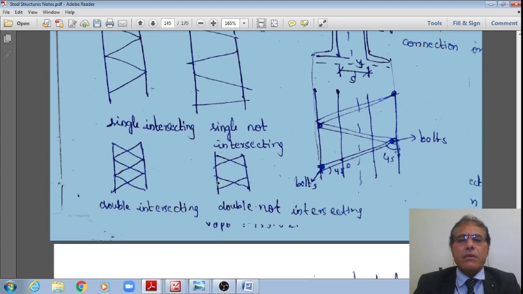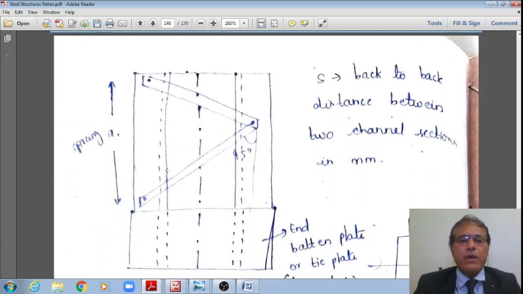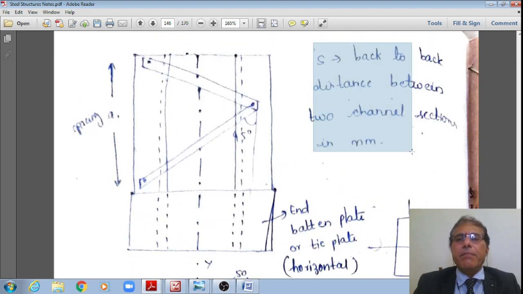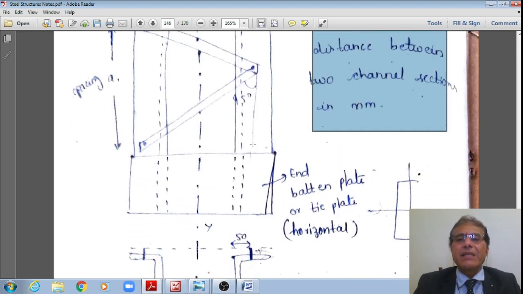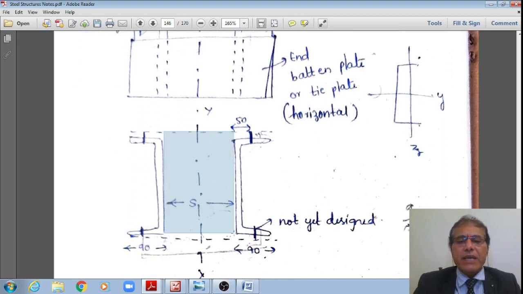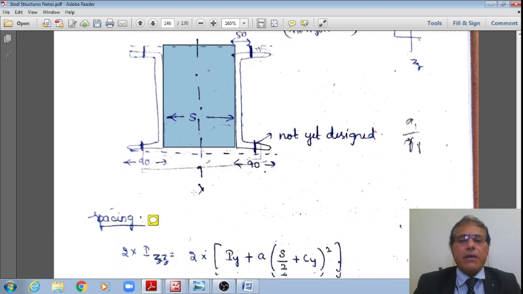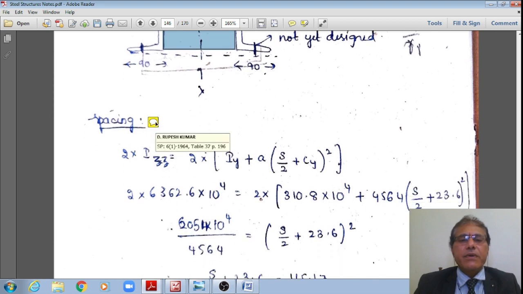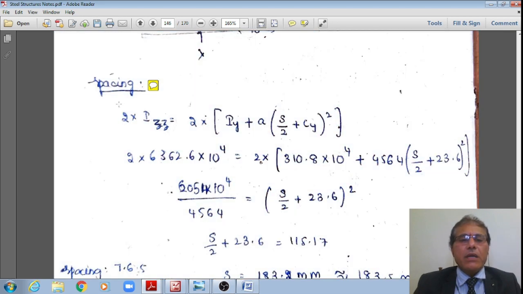That is how the Codal specification works, where S is the back-to-back distance between the two channel sections in mm. We know the numeric values for this, because this is given in page number 196.